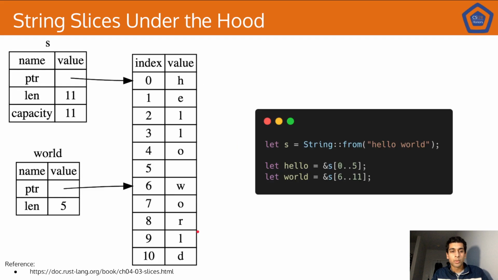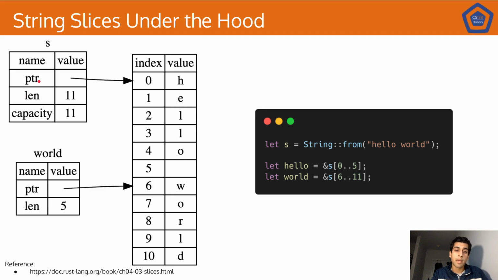I want to cover what slices are under the hood to give you an idea of what you're working with. In this example, we have this string s pointing to this data, hello world. In memory, we have this struct on the stack. The struct contains a pointer to some array of characters, the length of our array, and a capacity.